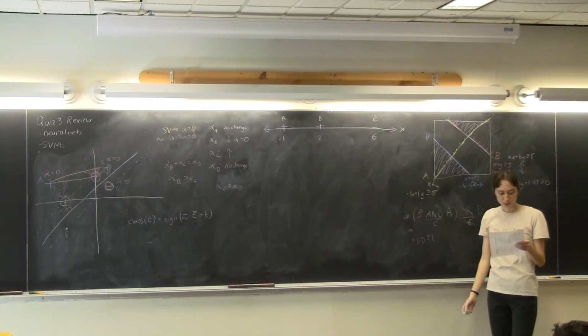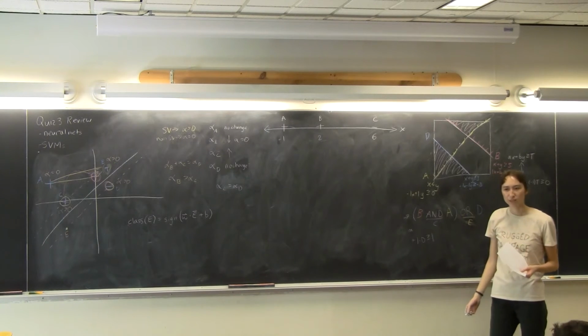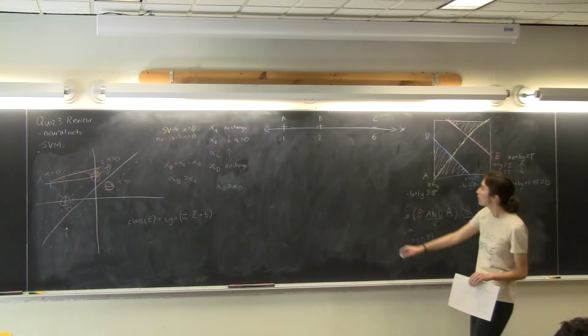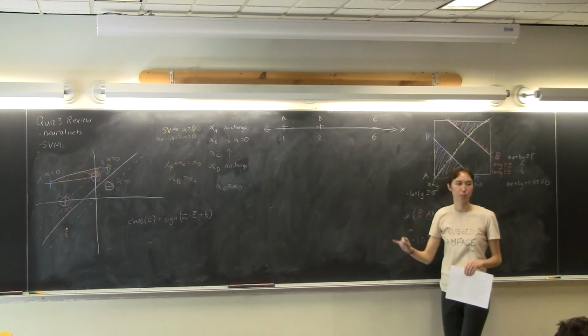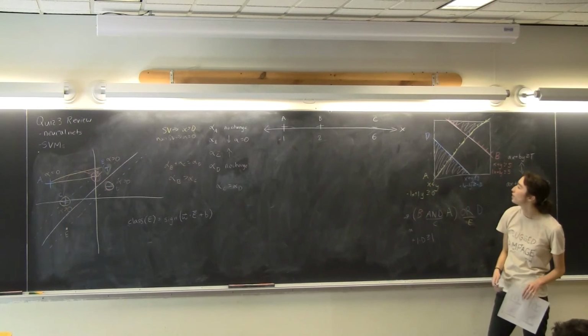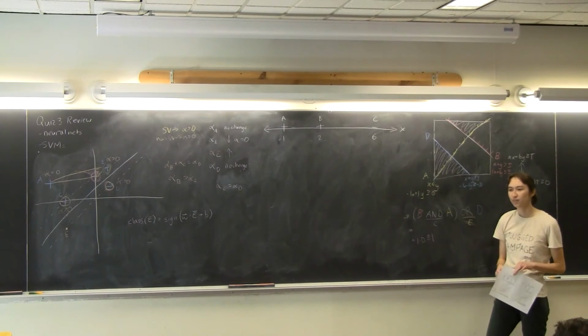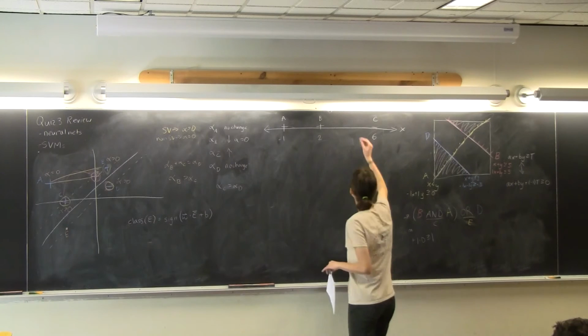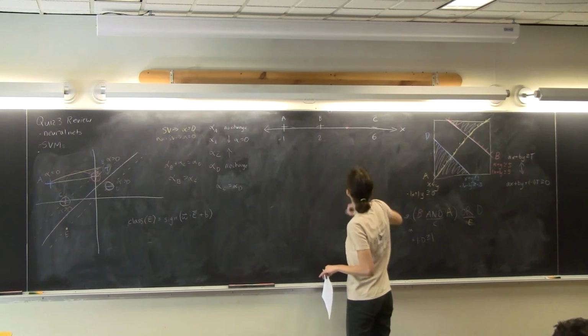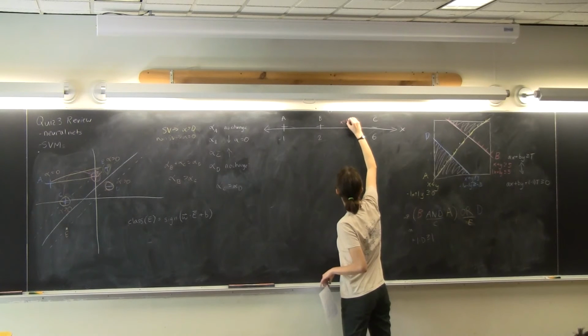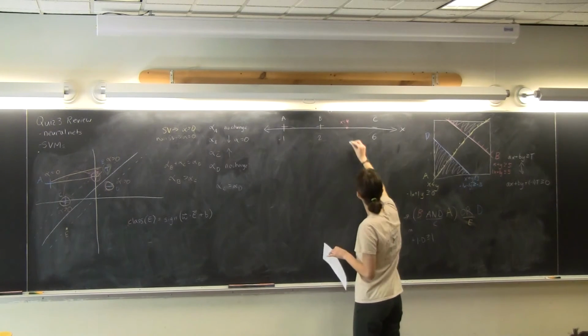So what shape is the boundary for a one-dimensional SVM? A point, because in 2 dimensions it's a line, in 1 dimension it's a point, and in 3 dimensions it would be a plane. And where should that point go in this case? 4. So what's the equation for our decision boundary? X equals 4.